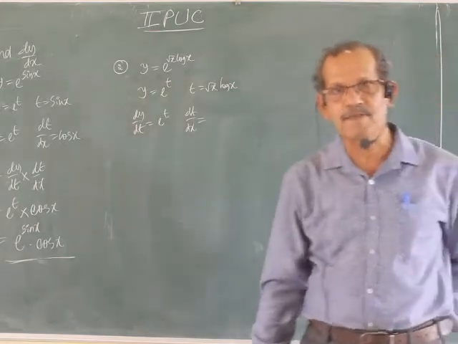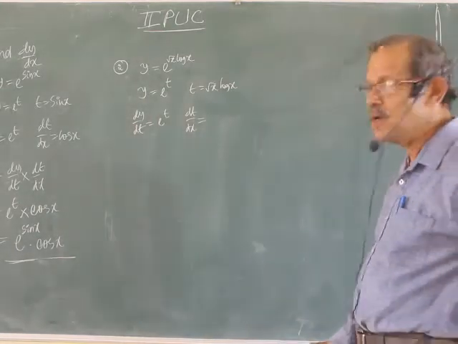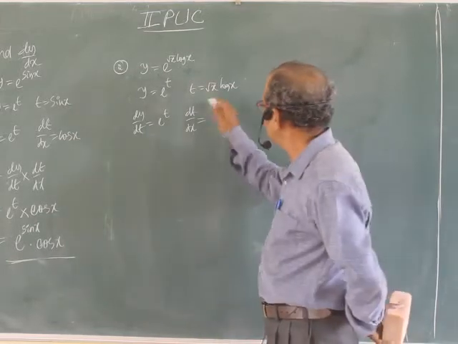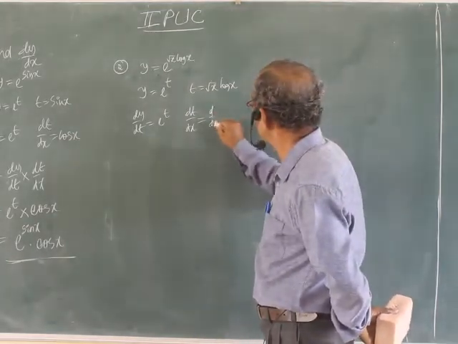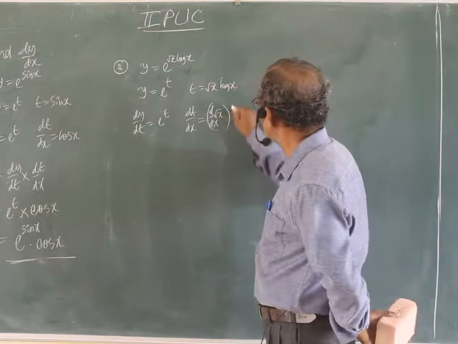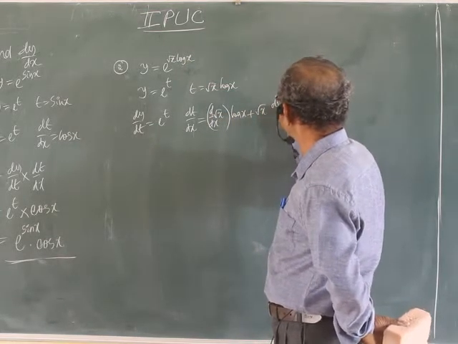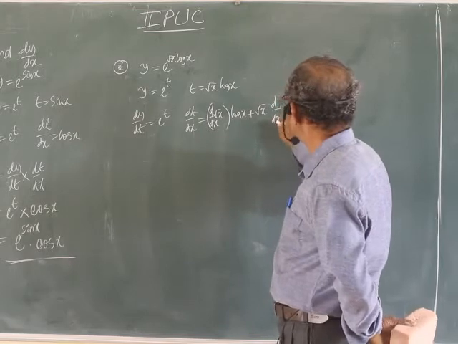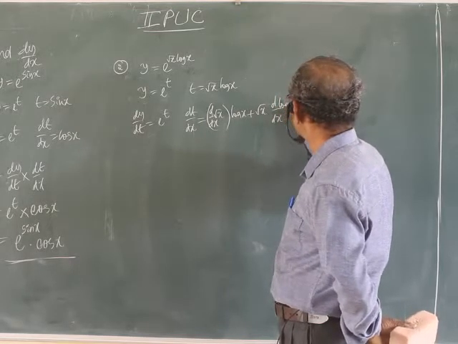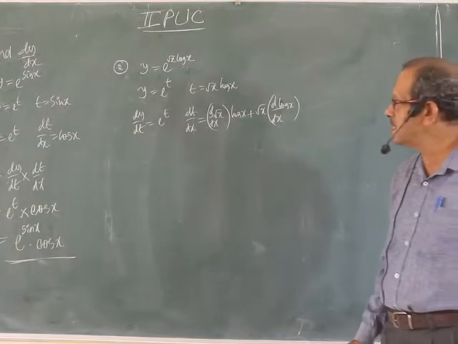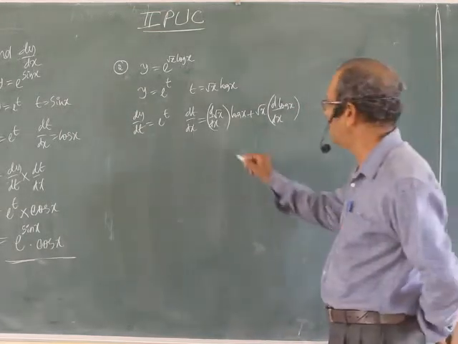This is an example for chain rule inside the bracket product. Anyway, derivative of the first function into second as it is, first one as it is, derivative of the second. Write carefully. In order to find dt by dx, we need product formula.